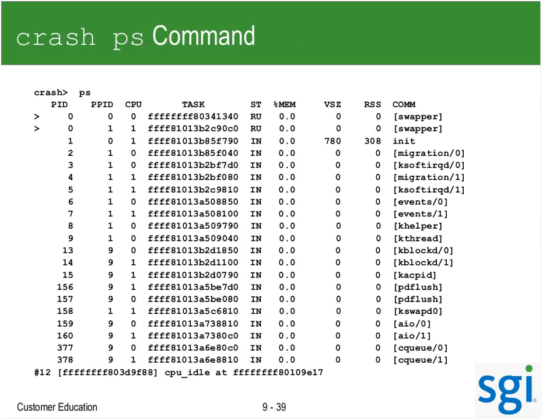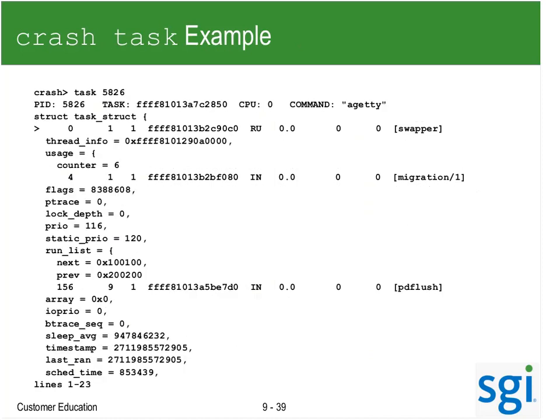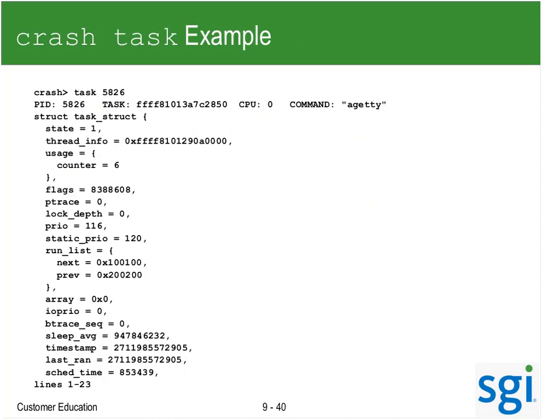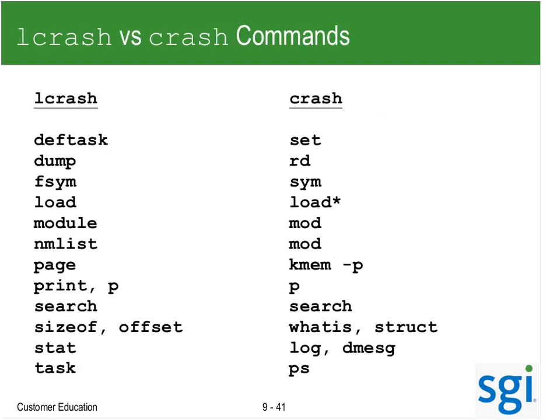And then ps to print the process table. You don't need the task table entry address anymore, just the PID. So then you can do a task PID, and it'll print out all the structures in the task table. So 941 is just trying to show you the lcrash versus crash comparison.